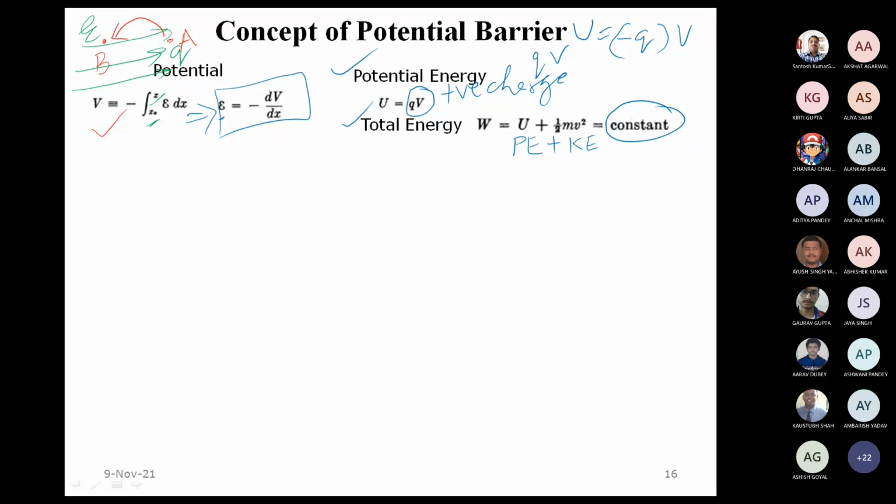Potential energy and kinetic energy together make the total energy constant. That means if we increase kinetic energy, then potential energy will decrease, and if we increase potential energy, then kinetic energy is going to decrease. So the total energy of a particle is always constant.